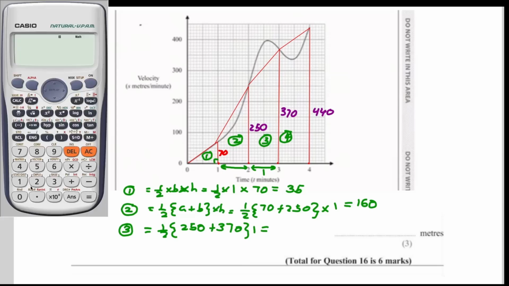Let's apply 0.5 into 250 plus 370. Sorry, I said into earlier, it is plus. 0.5 into 250 plus 370 is 310.